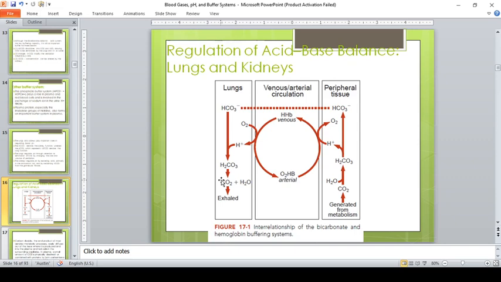So, since sobrang daming carbon dioxide ang mai-eliminate, anong mangyayari sa pH? Tataas. Okay? So, magiging alkaline. Magkakaroon ng alkalosis.